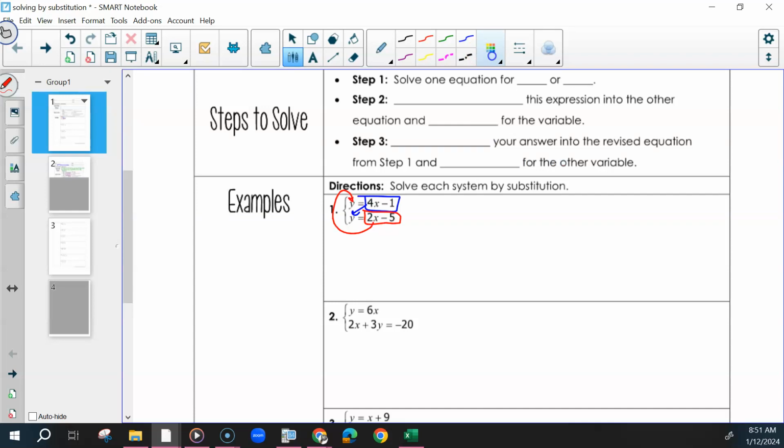So you're going to take one part and put it into the other. It doesn't matter which one you do, because regardless, it's going to look something like 4x minus 1 equals 2x minus 5. You write that part down. Or vice versa.